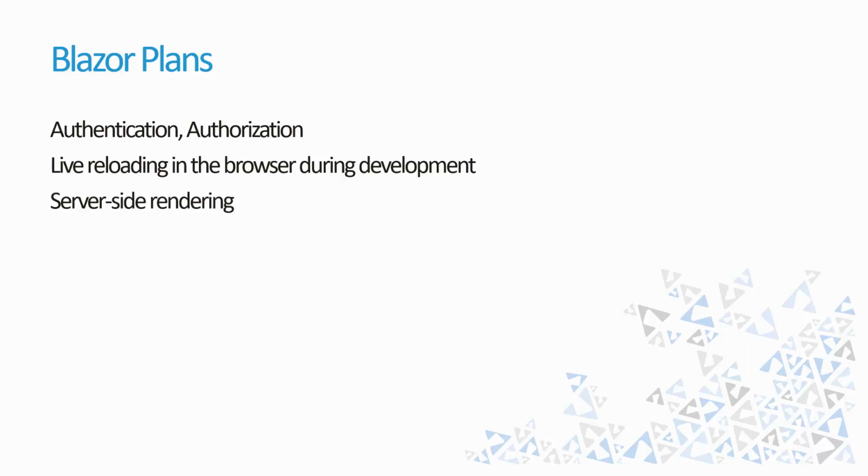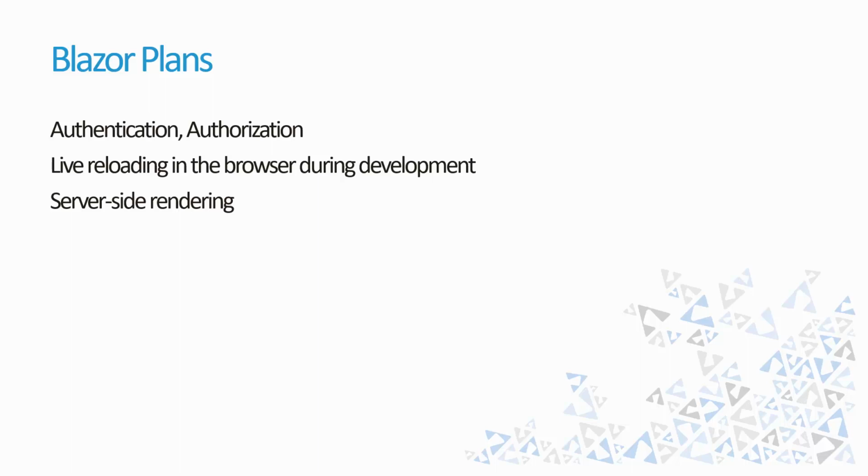Server-side rendering, it's not the server-side hosting mode I already mentioned. This means that currently, if you visit a site based on Blazor, you get that index file which is almost empty. It's just the app root element there, and the whole rendering happens on the client side.